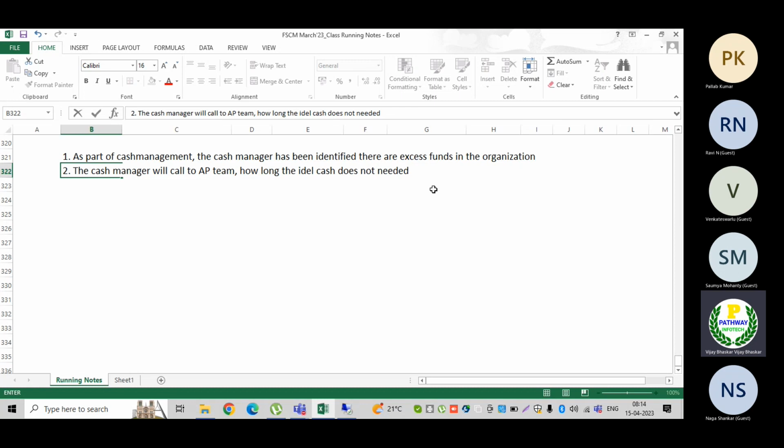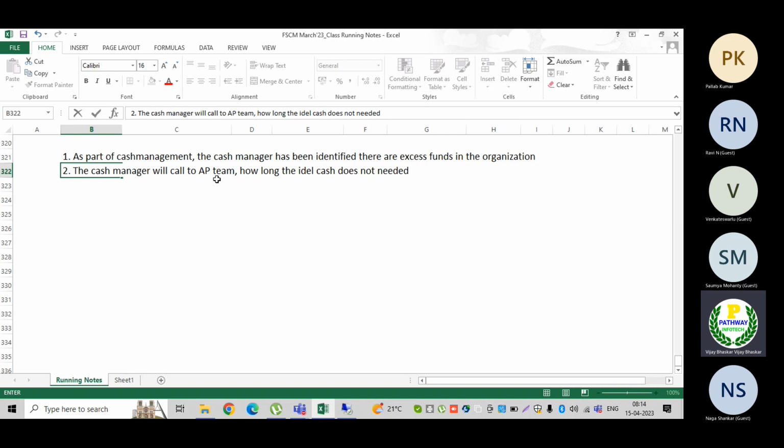How much time do you not want the excess funds? Maybe the accounts payable team is expecting to make a larger payment in the upcoming 6 months or in 1 year.